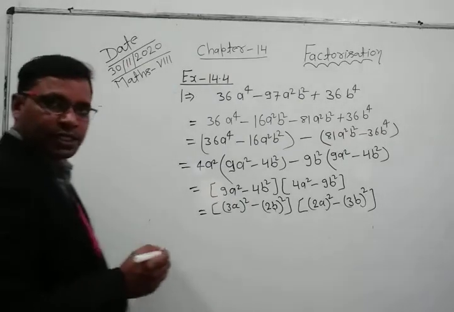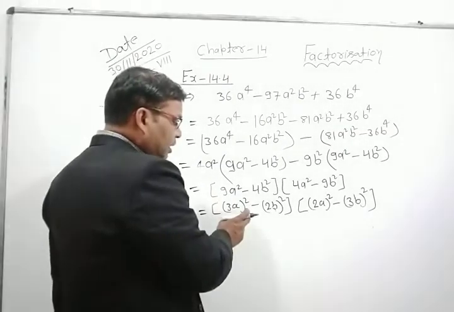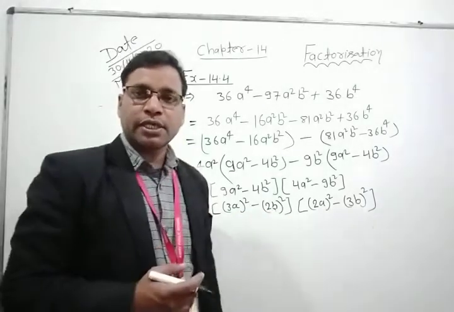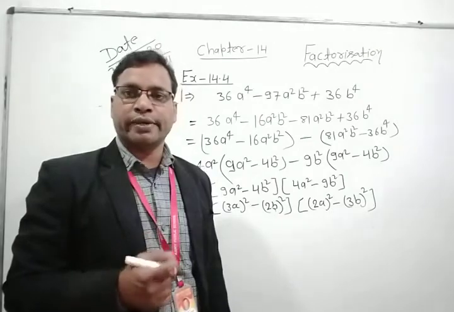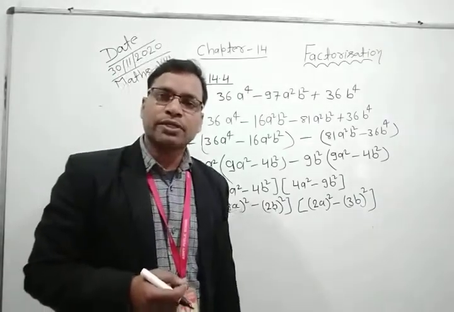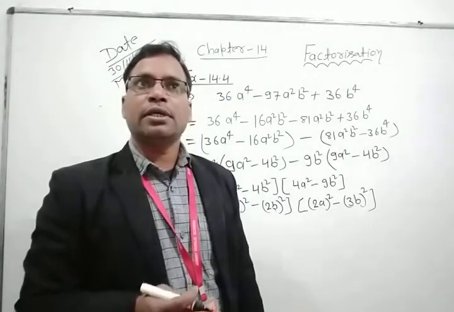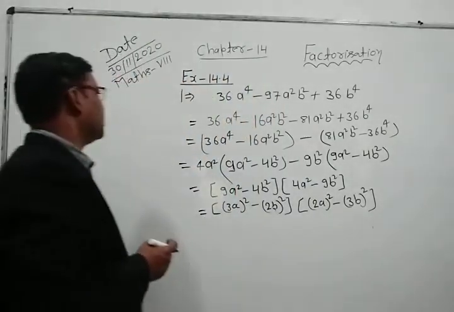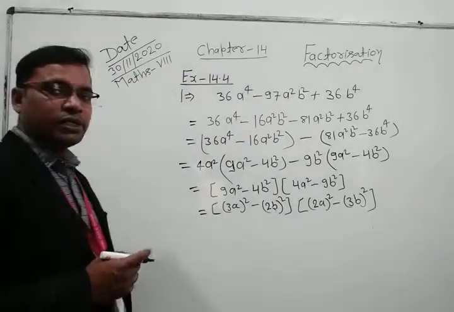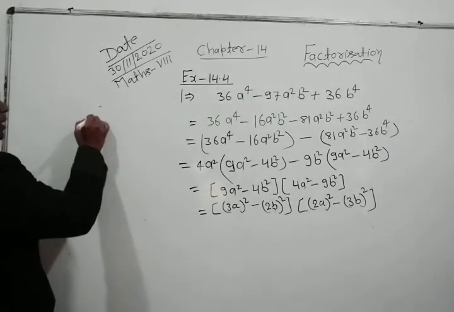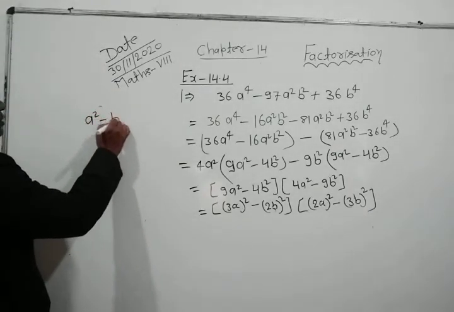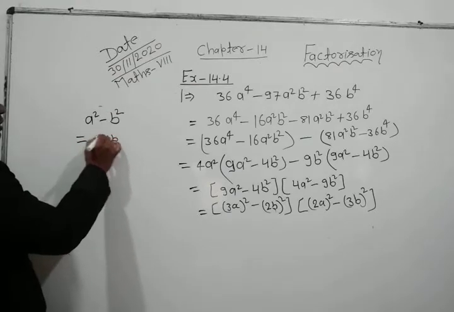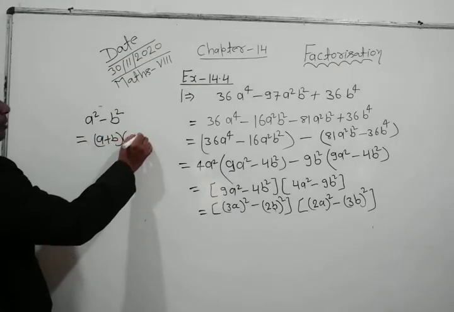Now you can see here, 3a square minus 2b square. So this is a difference of two squares. Difference of two squares is equal to sum of the numbers into difference of the numbers. Okay, it means that we use here the third identity. What is the third identity? a square minus b square is equal to a plus b into a minus b.